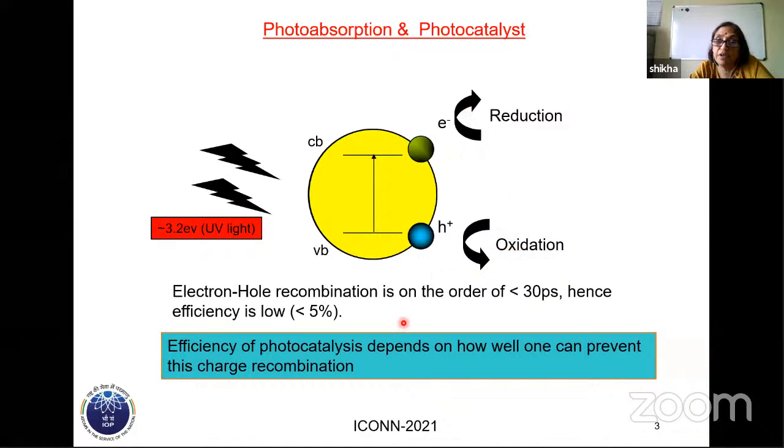However, they recombine very quickly, in less than 30 picoseconds, and hence the efficiency of photocatalytic behavior is low. The efficiency of photocatalysis depends on how well one can prevent this charge recombination. So what the device people would like to do is keep these electrons and holes as far separated from each other as possible.